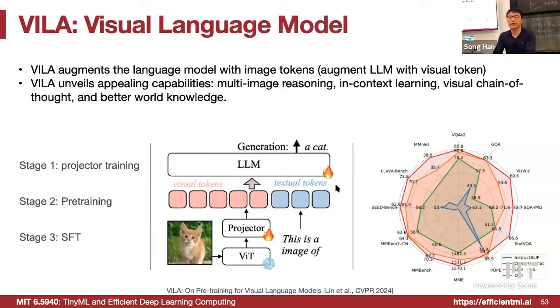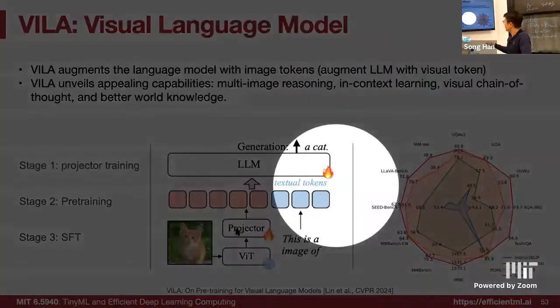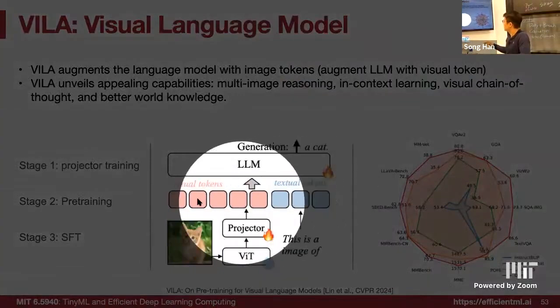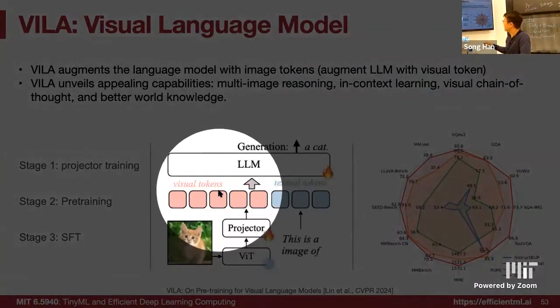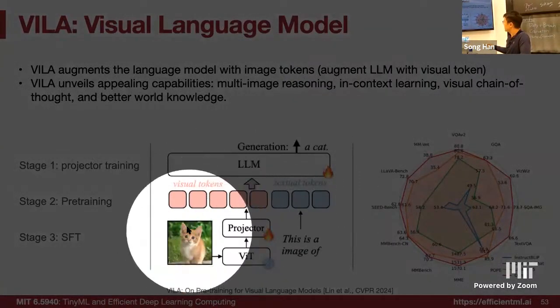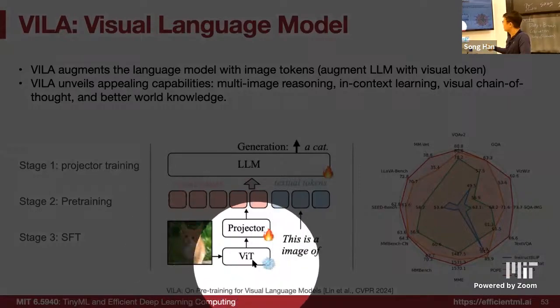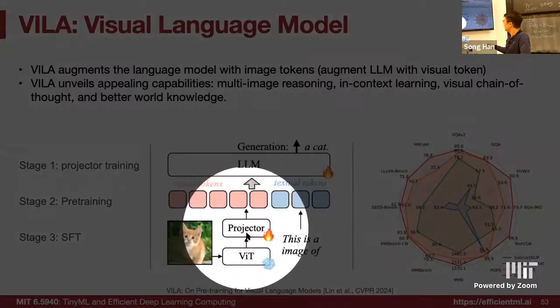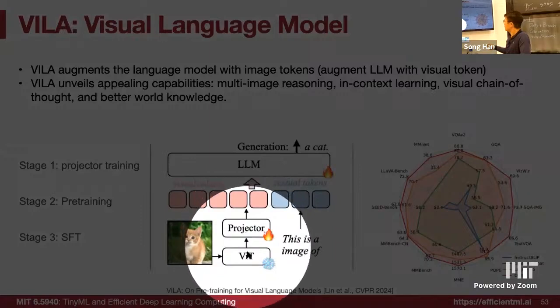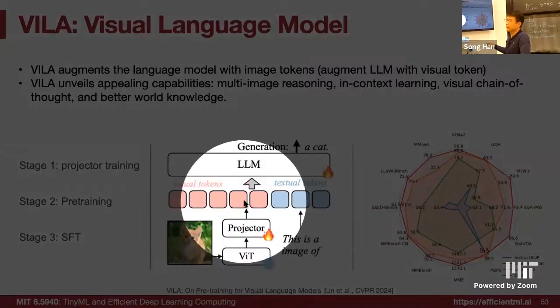And a special case would be treating language models in this way. Here we have both language tokens in blue and visual tokens in red. The visual token is obtained by feeding this image into a vision transformer, which we are going to talk about next Thursday, and then passing it through a projector to project from the ViT domain to the language model domain.